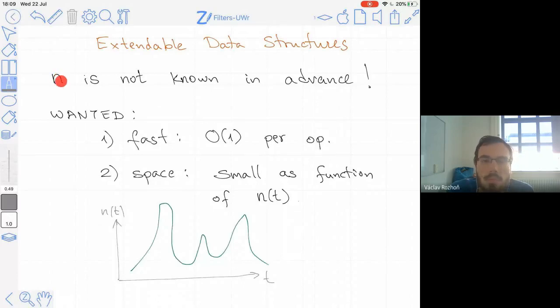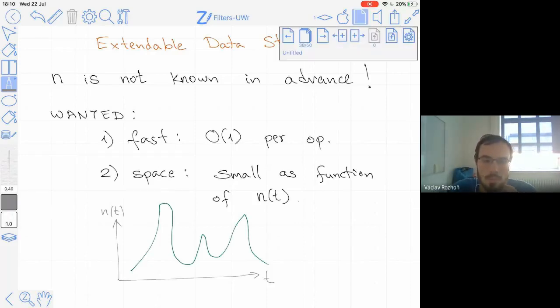What you want is to have fast operations, and you want your space to be small as a function of n of t. So this is the time axis, this is the number of elements, and the number of elements varies over time. It's a very dynamic setting, and you want your space to adjust to the cardinality of the set that you are now maintaining.